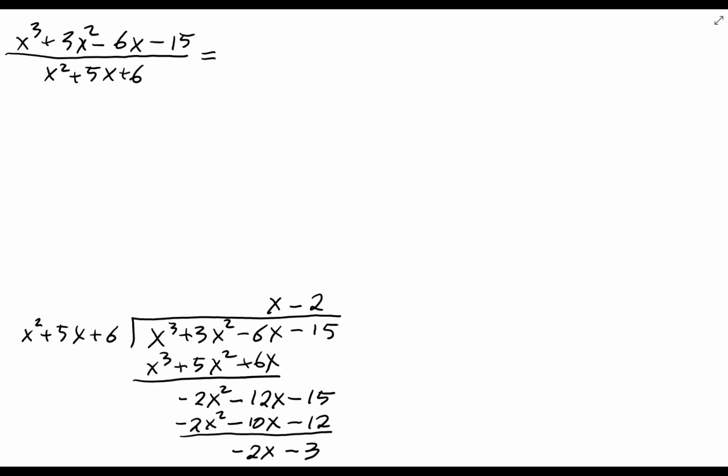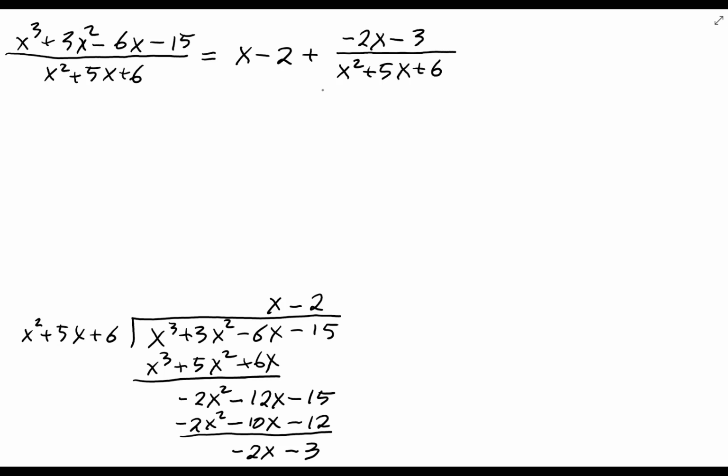So the result of our long division gives us x minus 2 plus the remainder, minus 2x minus 3, over x squared plus 5x plus 6.